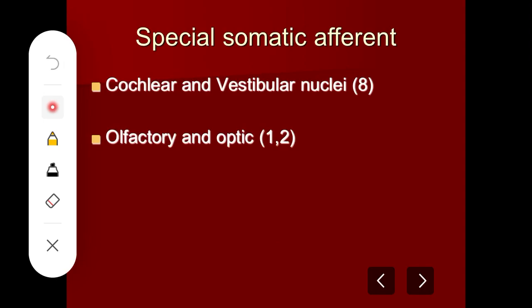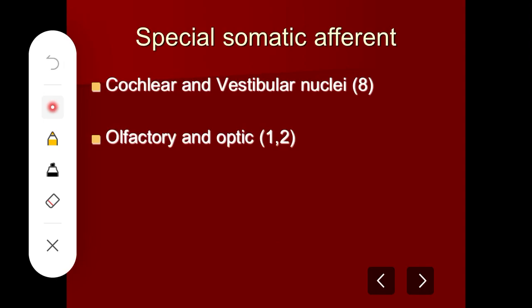So special somatic afferent, represented by what all nucleus? The vestibulocochlear nucleus, plus you find optic and olfactory, that is the first and second, representing the SSA component. So now it's very easy, name the different nuclei that you find in special somatic afferent.